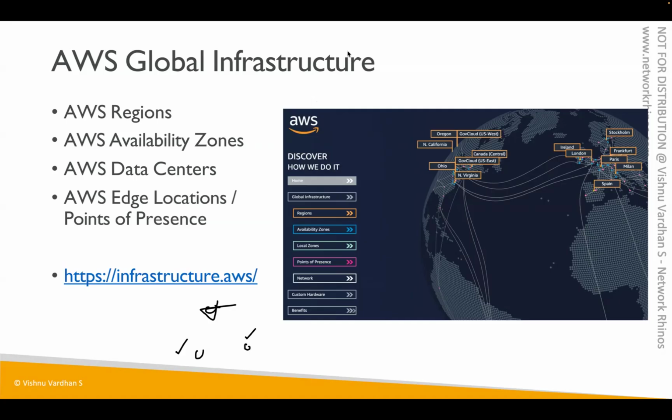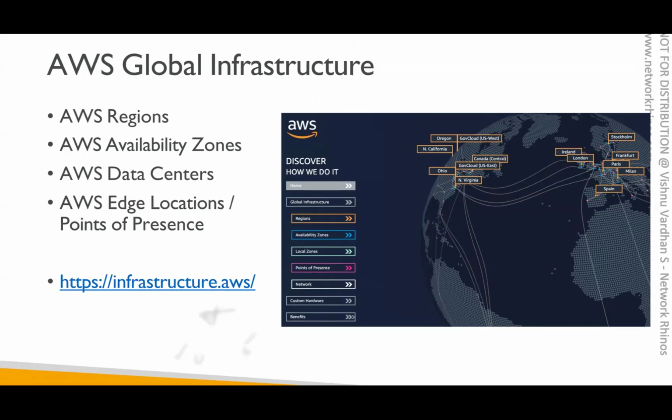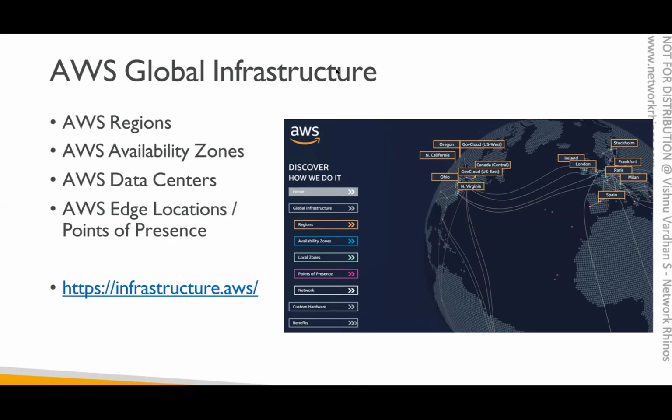Now, to visually understand where these regions are located, you can simply go to a website which is mentioned here, infrastructure.aws. Let me show you that now.